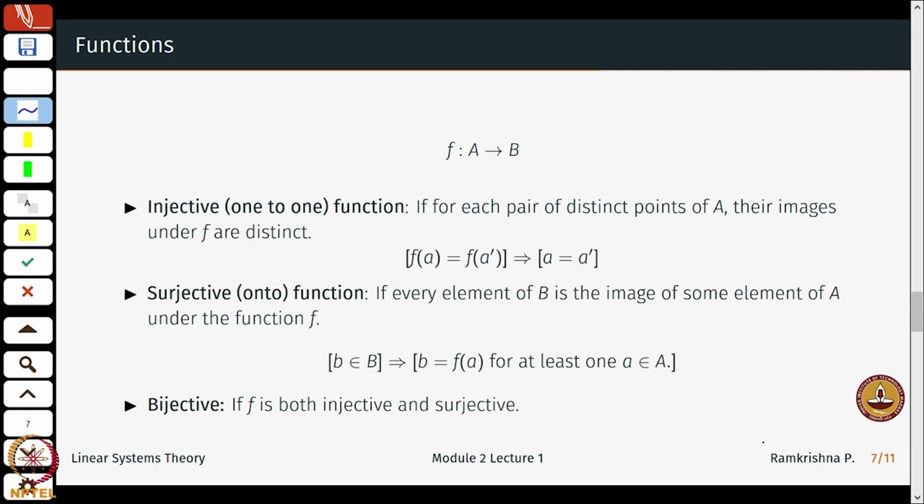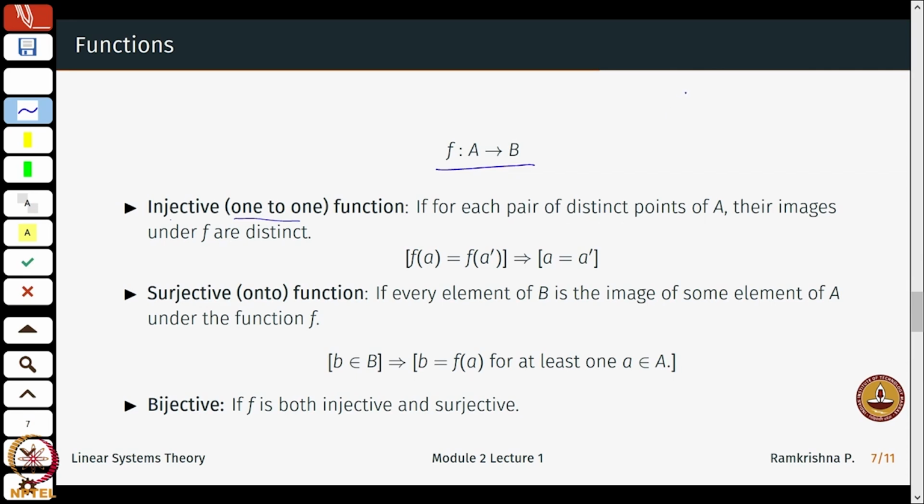Something which will be a little important, and again we would have done this a little informally somewhere, but let's learn this in a different way. Let's take a general function f going from A to B. This function is called one-to-one, or more generally an injective function, if for each pair of distinct points their images under f are distinct.